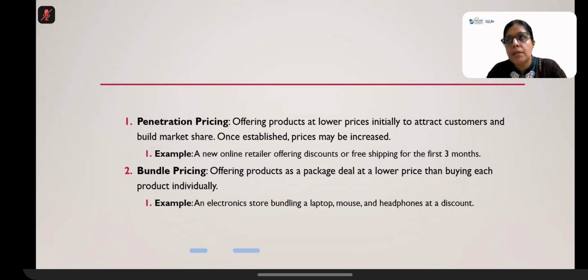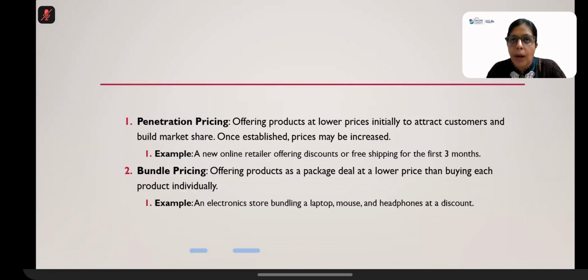Okay, bundle pricing means if people buy a combo of things, then you reduce the price. Okay, so along with a smart TV, you are buying a home theater also. So the price of both will be reduced for you. But if you are buying only a smart TV, then that is individual pricing.